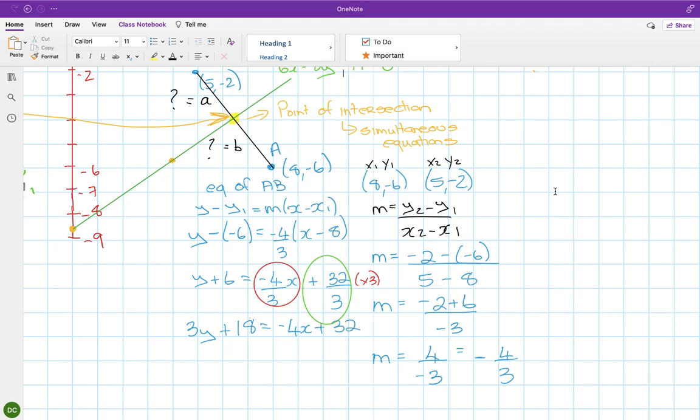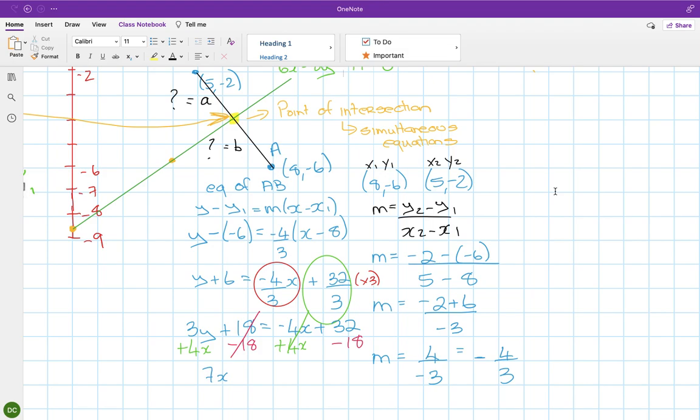And then I'm going to rearrange, so I'm going to plus the 4x on both sides and minus the 18 on both sides. So that cancels, that cancels. I get 7x. Oh, I've lost my y. What happened there? Oh, no, I didn't.